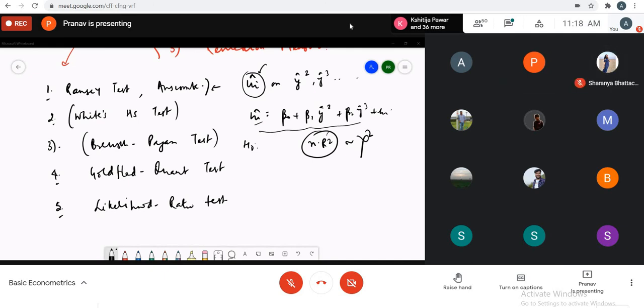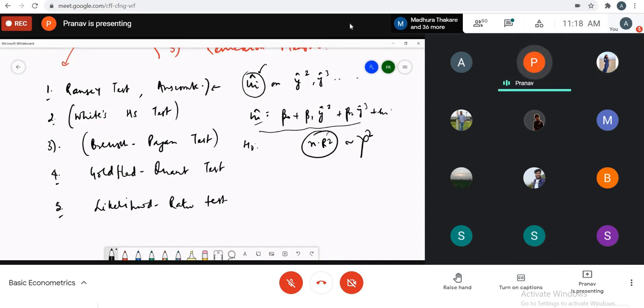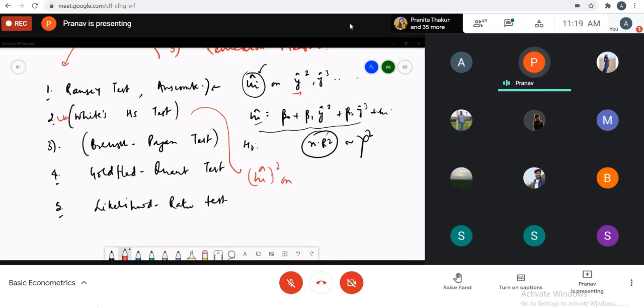Yes, sir. Okay. Next test is your White's heteroskedasticity test. ये टेस्ट क्या है? ये भी टेस्ट on a similar line से Anscombe और Ramsey पे, but instead of running a regression on y hat, what it suggests is to run a regression of ui hat square on different functions of the explanatory variable.